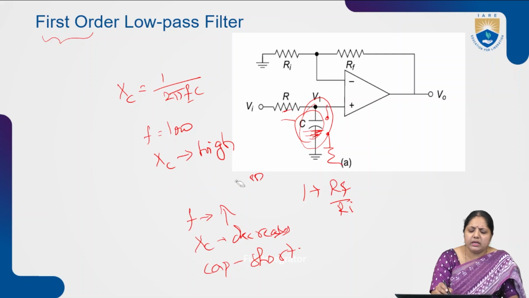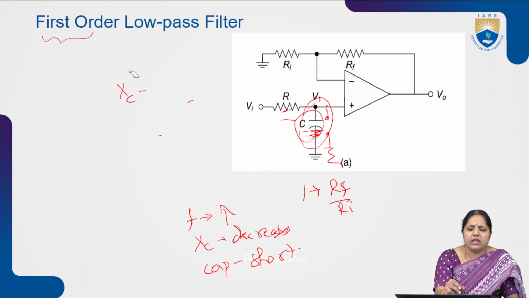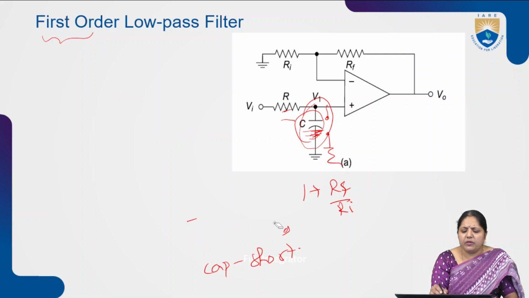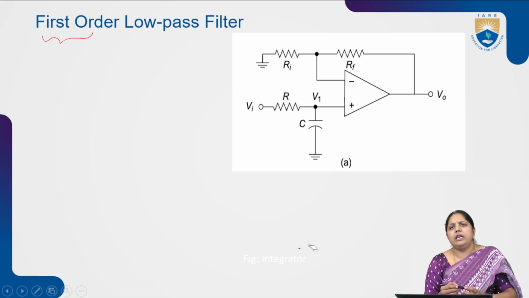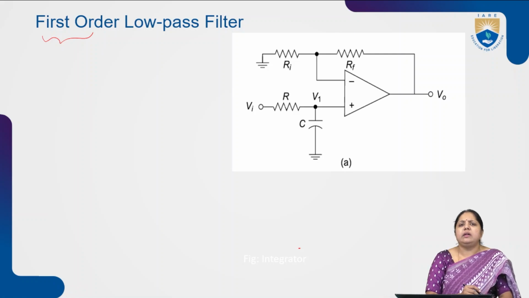So when the input signal frequency is low, the capacitor acts as an open circuit because of the reactance of the capacitance. But when the frequency is high, the reactance is low, and the capacitor acts as a short circuit.